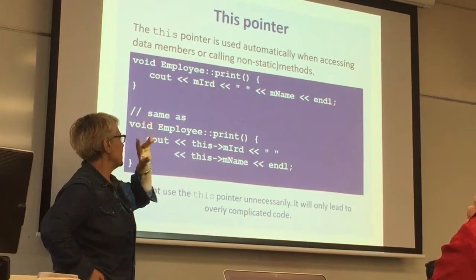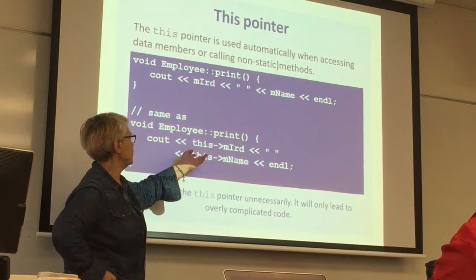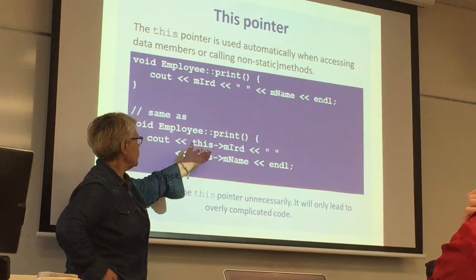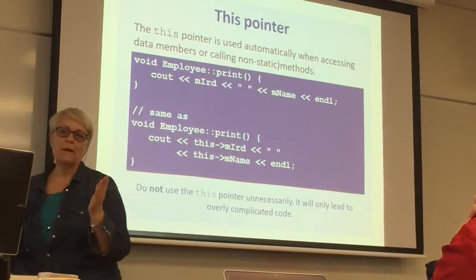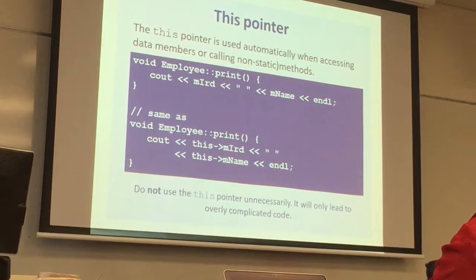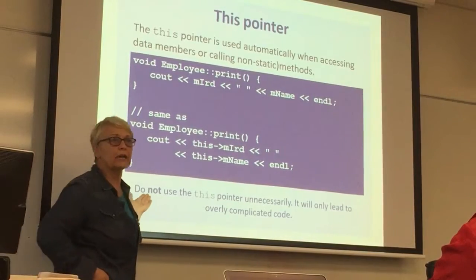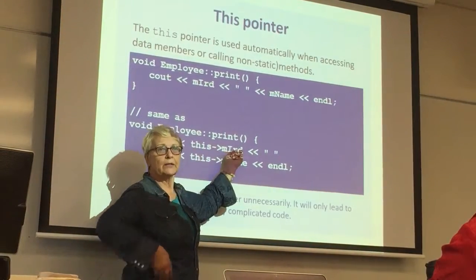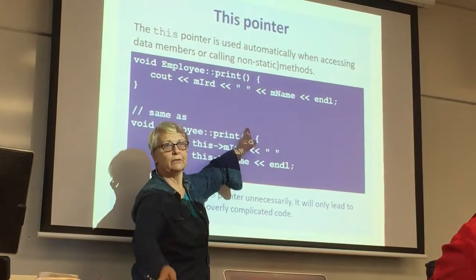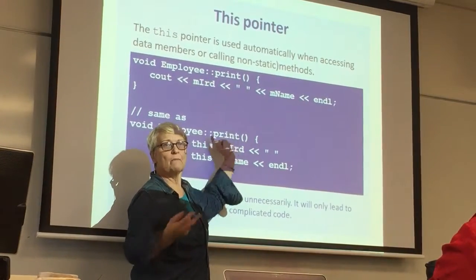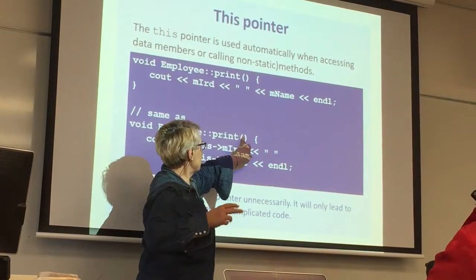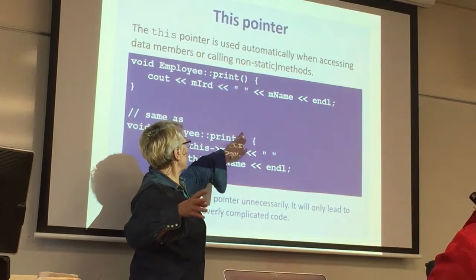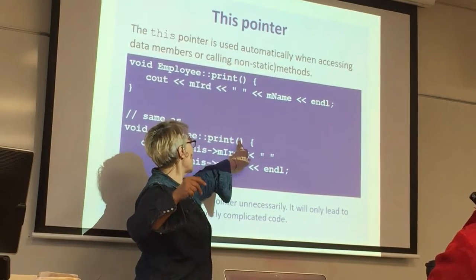The only time something like this is necessary is when you use the same mIRD as an argument and a data member. Then to distinguish between the argument passed to the function and the data member of the class, you have to use this->mIRD, to get the data member, versus mIRD, which is the parameter. So let the compiler know, right? If I put here print mIRD, which would be stupid, I pass an argument here, integer mIRD.